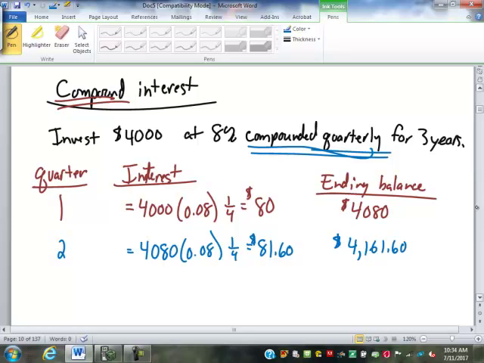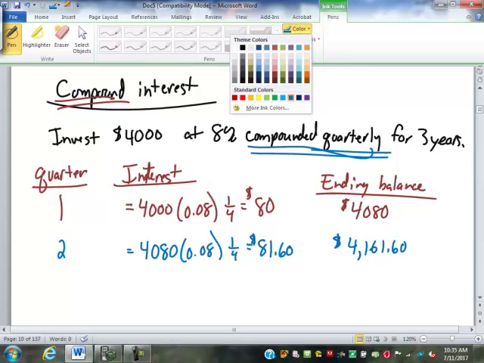Well, how many times do we have to do this to get through 3 years? 12 times. 4 times a year, because quarterly, for 3 years would be 12 times. I don't want to do this 12 times. So let's look at a shortcut.